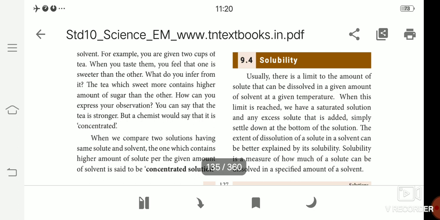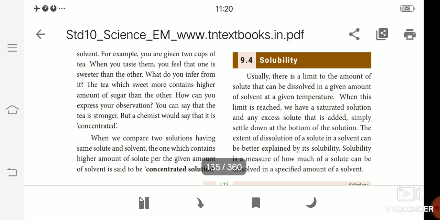One definition: solubility is the number of grams of a solute that can be dissolved in 100 grams of solvent to form a saturated solution at a given temperature and pressure. For example, 36 grams of salt, sodium chloride, dissolved in 100 grams of water at room temperature, 25 degrees Celsius, gives a saturated solution. Saturated means no more solute can dissolve in the solution.